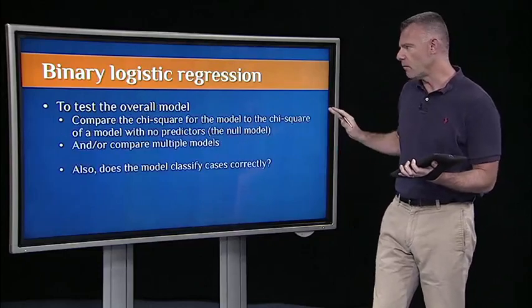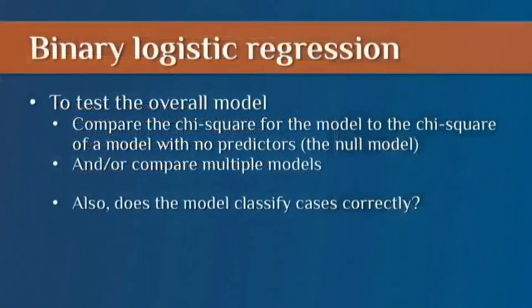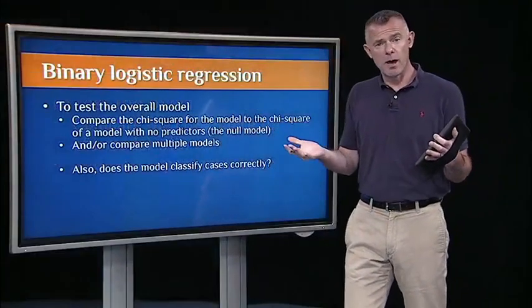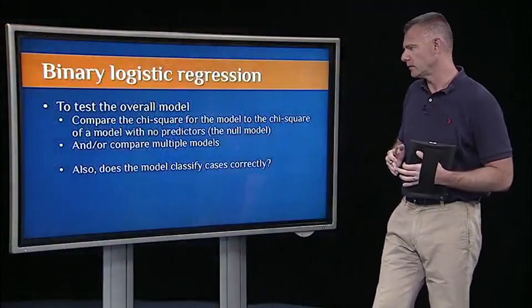So to test the overall model, we're going to compare a chi-square with all the predictors in the model to a chi-square that assumes no relationship between the predictors and the outcome, otherwise known as the null model. Or we can just compare multiple models, and we'll do that with the Wald test.